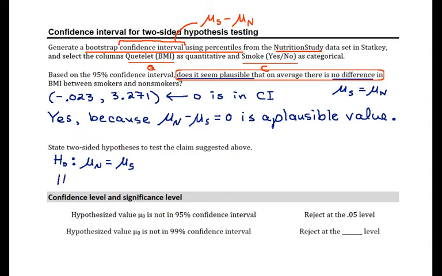The alternative hypothesis is that there is some difference, so mu sub n is not equal to mu sub s. Based on the fact that we said 0 is a plausible value, and therefore it is plausible that there's no difference, what we have said in the language of hypothesis testing is that we would in this case fail to reject. It is still plausible that the null hypothesis is true.